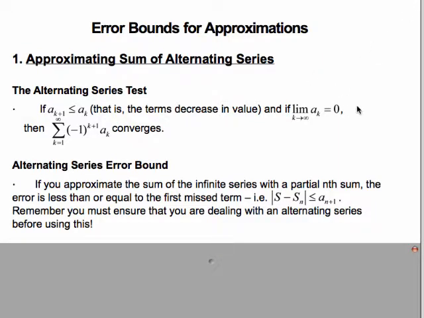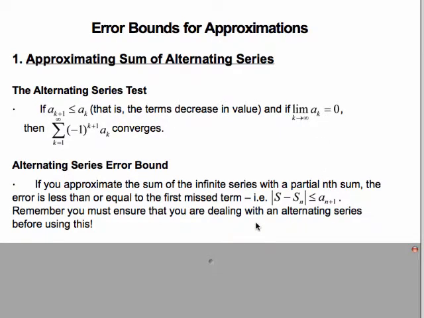We've already talked about this in a previous video, but this is going to lead into approximation errors with Taylor polynomials. Remember that we can test an alternating series for convergence through the alternating series test, meaning that the terms have to decrease and the limit of the kth term is 0.